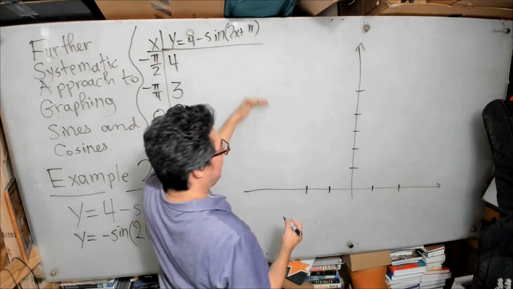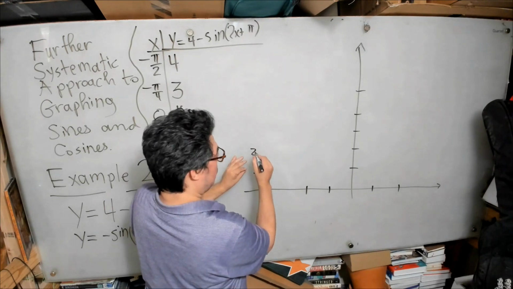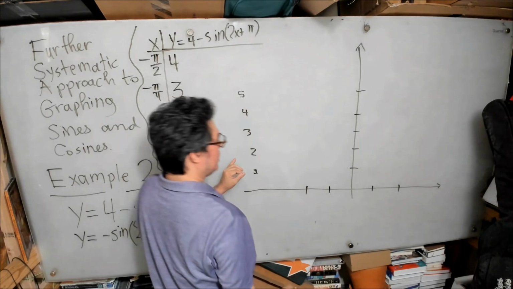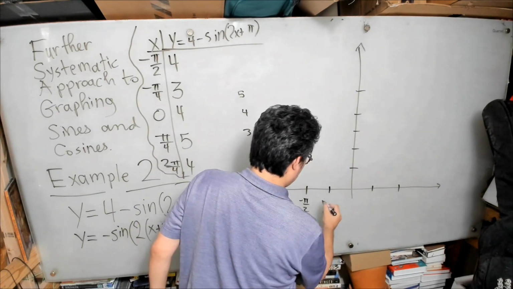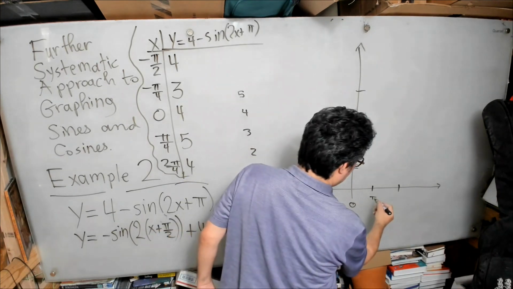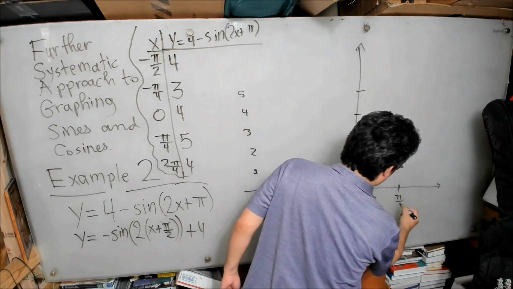And I'm going to label my y's over here, but you can already tell there's going to be 1, 2, 3, 4, and 5, obviously. This is negative pi over 2, negative pi over 4, 0, pi over 4, and then pi over 2.